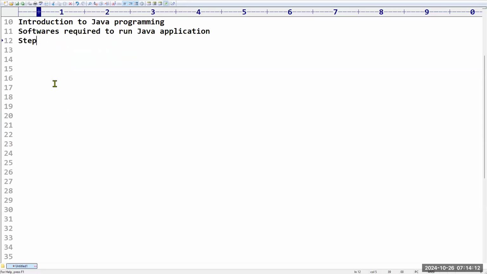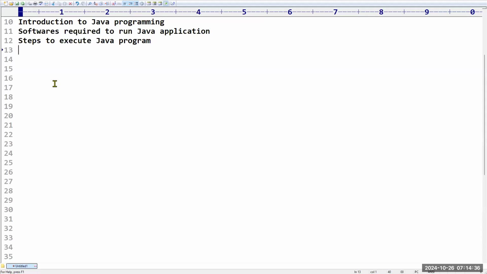Next, steps to execute a Java program. If I have any Java program to be prepared, what are the basic steps needed? Like creating a new file and typing the program.